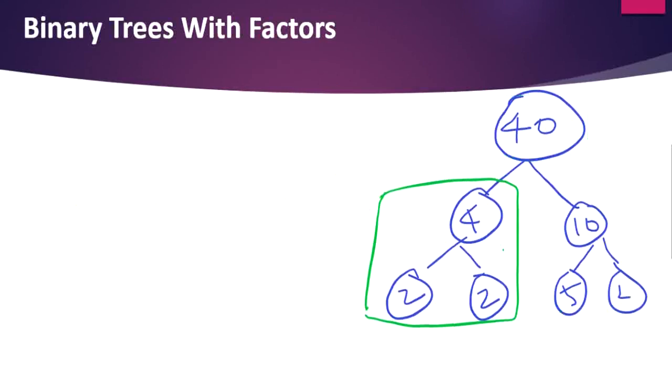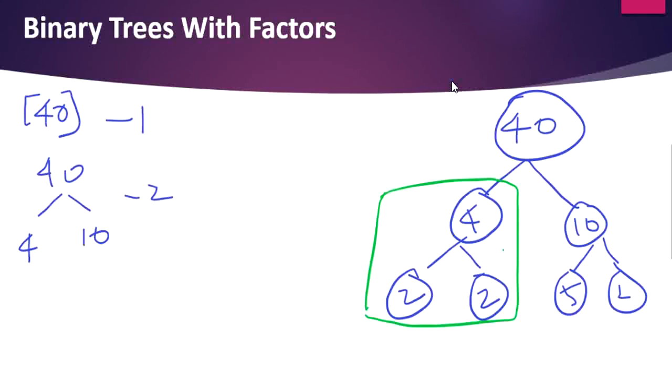How? You can have 40 alone as a single tree, this is tree 1, and 40 with only children 4 and 10 as another tree. This is tree 2, and here what we have shown is tree 3, and we can swap 5 and 2 to make tree 4, and we can swap 4 and 10 to make tree 5, and further after swapping 4 and 10 you can again swap 2 and 5 to make tree 6.